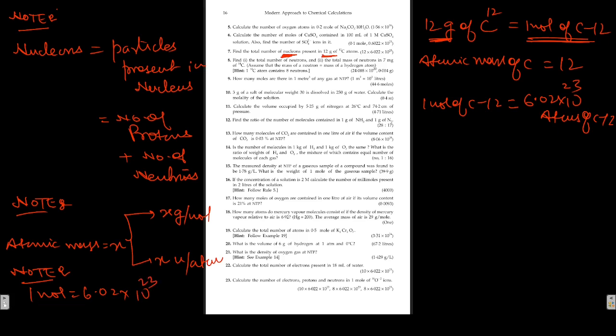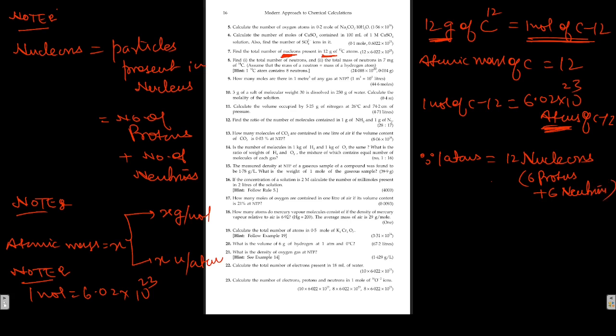Now dear friends, we have to calculate the nucleons. We know one atom of carbon 12 contains 12 nucleons, which is 6 protons plus 6 neutrons.